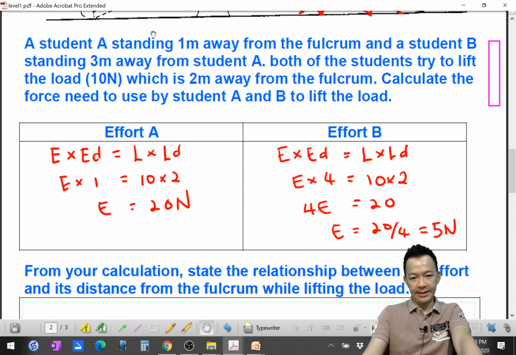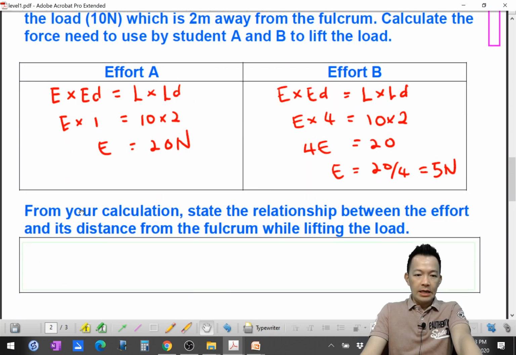Okay, next, the last question. From your calculation, state the relationship between the effort and its distance from the Fulcrum while lifting the load.